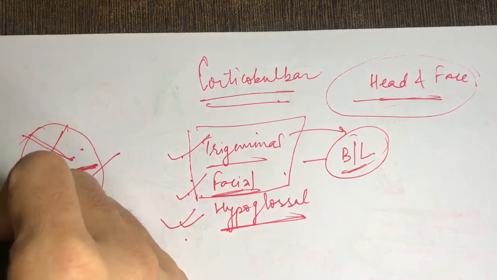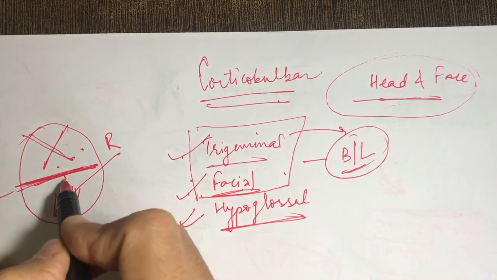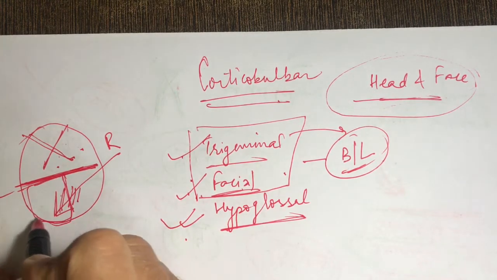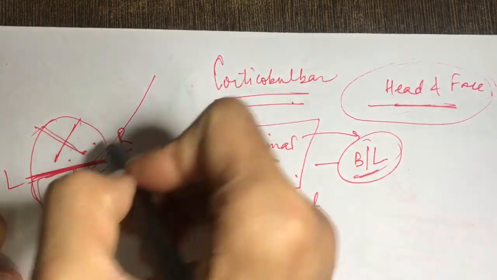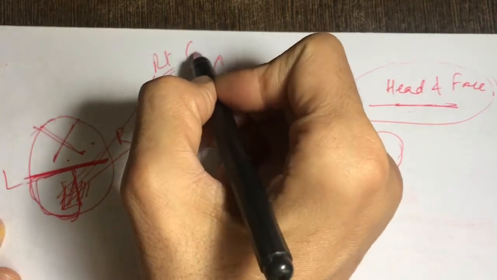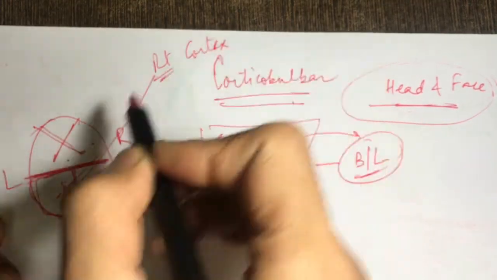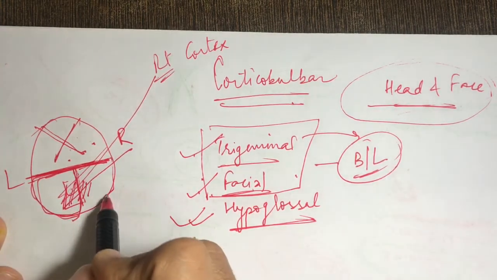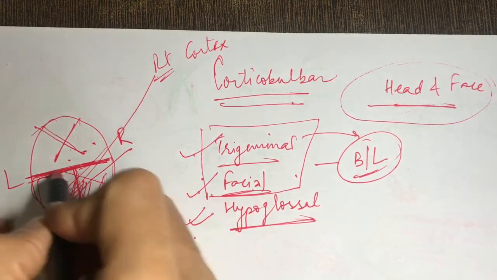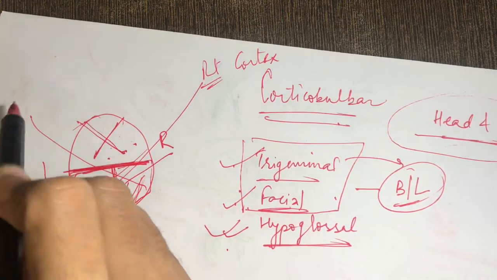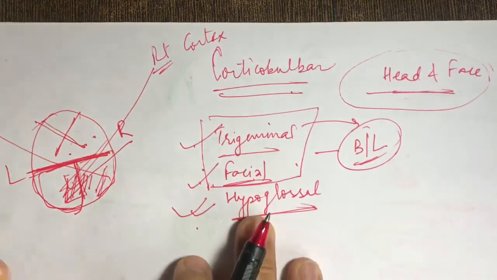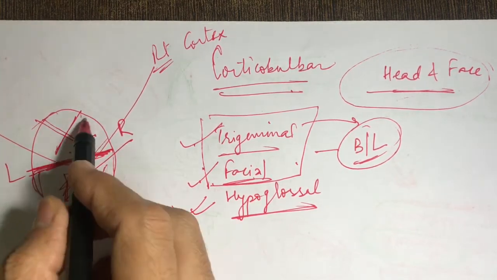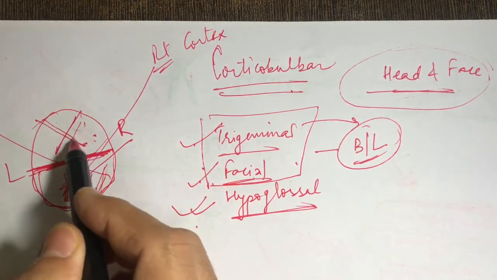Say this is the left side, this is the right. The left lower part of the face will receive fibers coming from the right cortex. Similarly, the right lower part of the face receives fibers from the left corticobulbar tract. But the upper part of the face has bilateral representation.